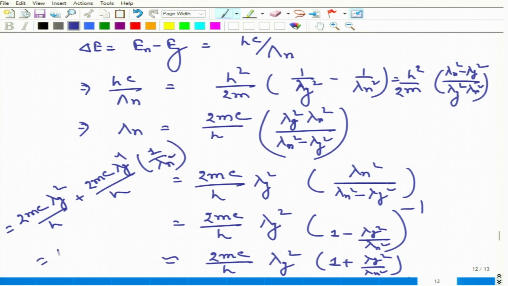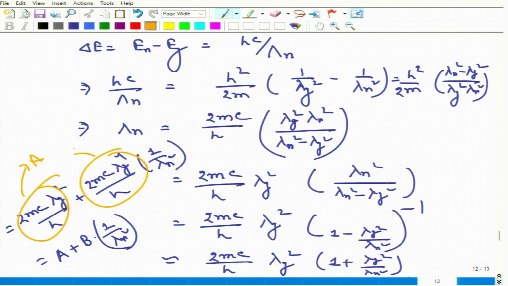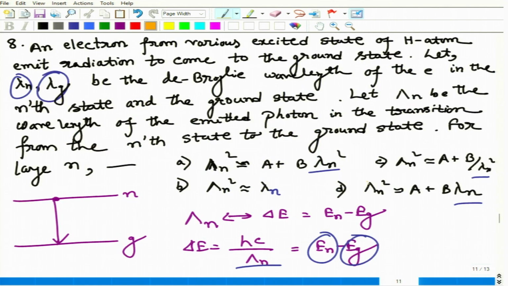So it can be written as a plus b into 1 by lambda n square, where this is the a and this is the b. Now if you compare, this should be the correct option. Yes, this is the correct option, and it is lambda n equals, not lambda n square equals, this is lambda n equals. So this should be the correct option.